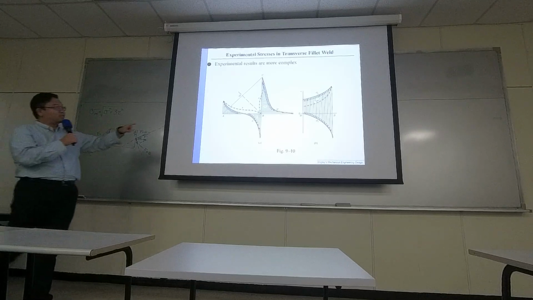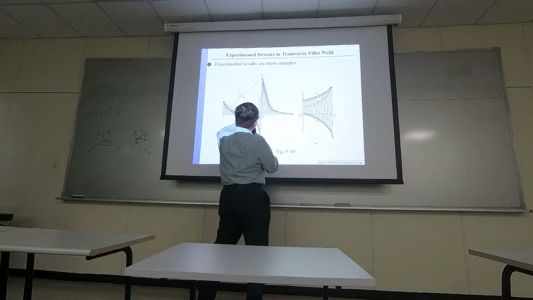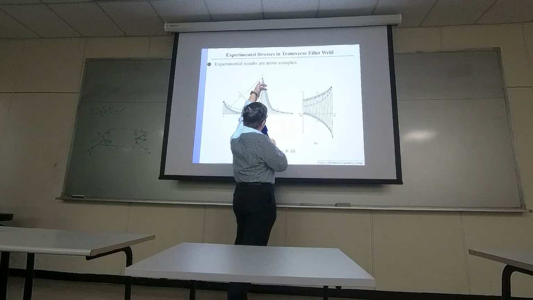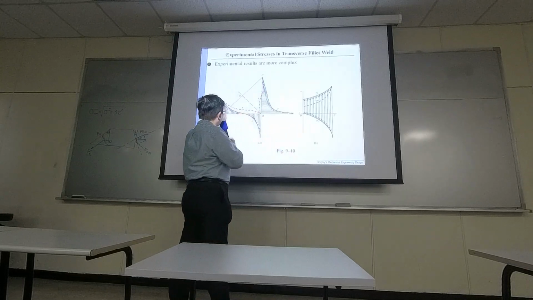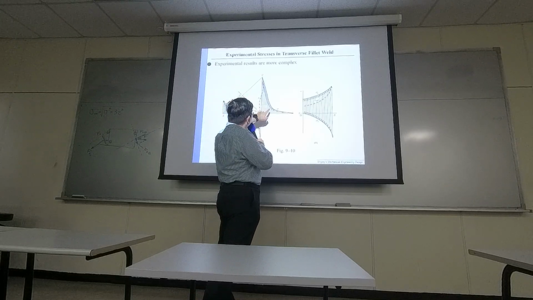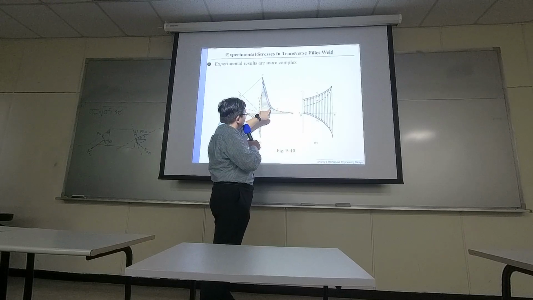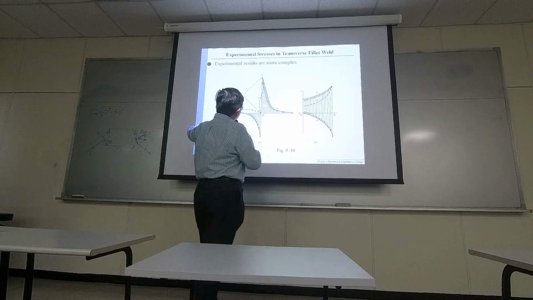So over here, you can take a look at, this is basically the geometry, right? So it's trying to let you know, here is the stress, and here's the stress. The solid line is the normal stress, and the dashed line is the shearing stress.